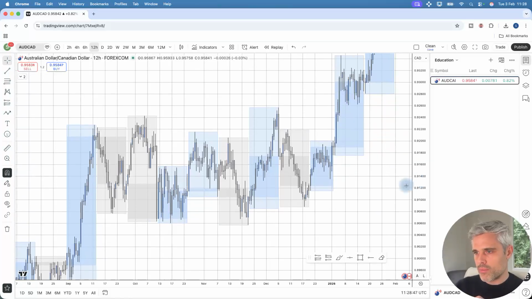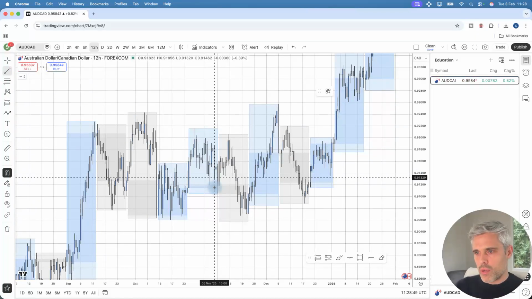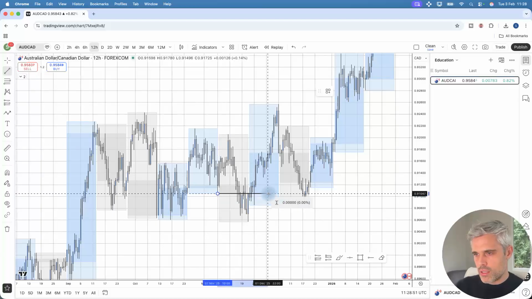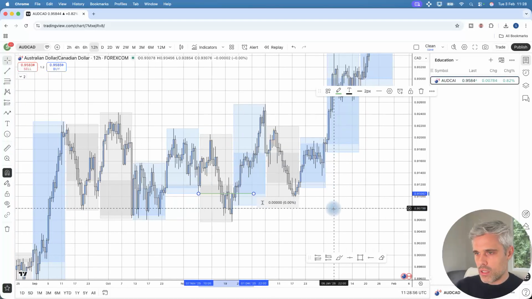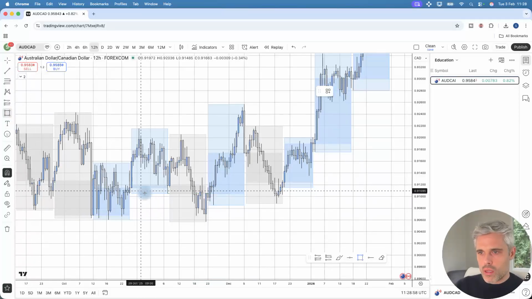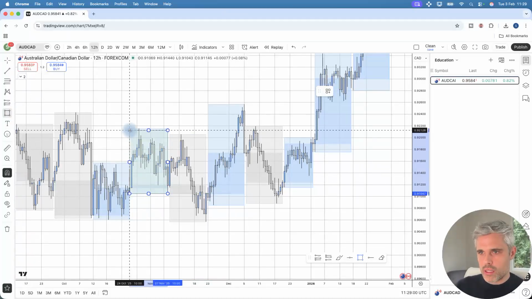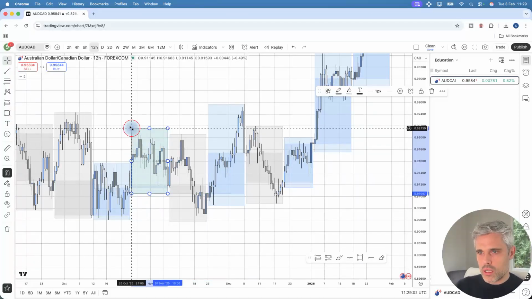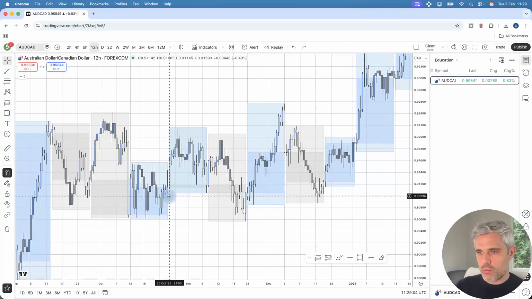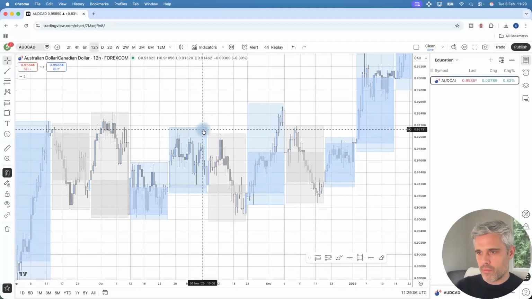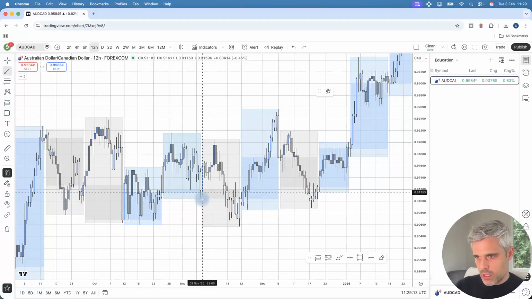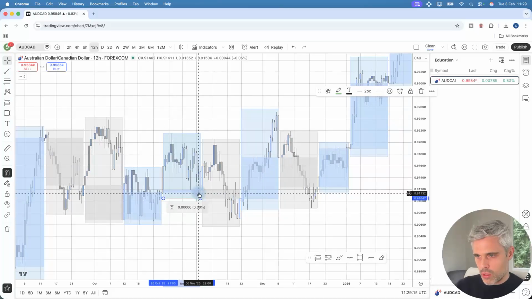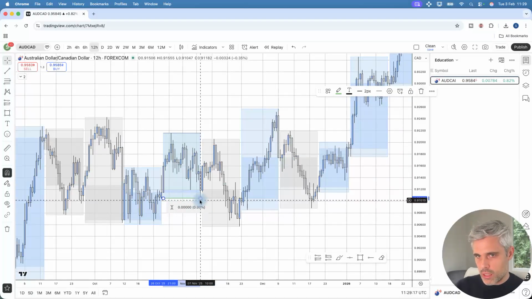Same example right here. So we explained this in the last video, but price broke below its previous candle range. So we had a bullish candle range. This is a 2-week candle range, and we're looking at 12-hour price action. So we had a bullish candle right here, and this is essentially the level at this low where sell stops are building.